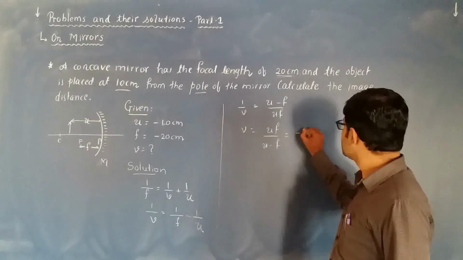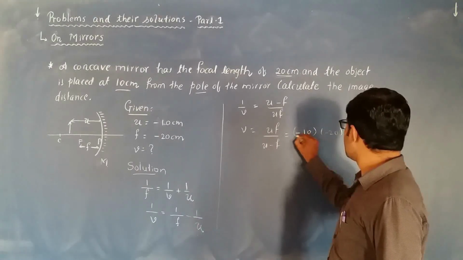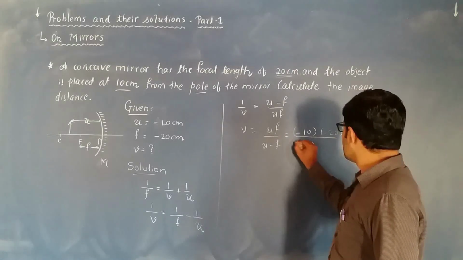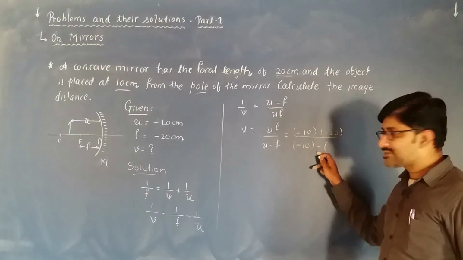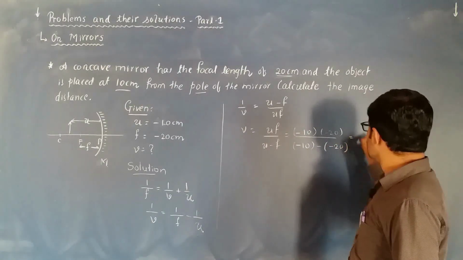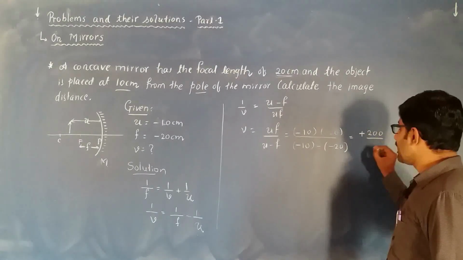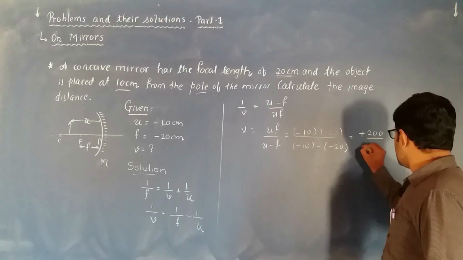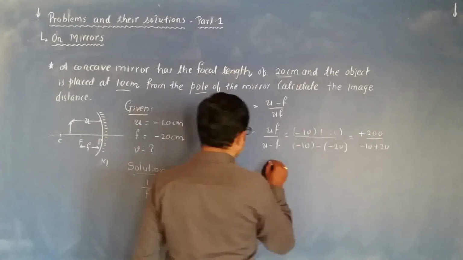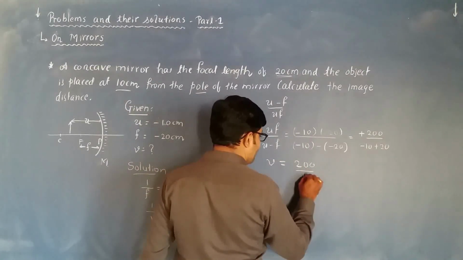which is equal to, U is minus 10 centimeter and F is minus 20 centimeter, divided by U is again minus 10 minus of that is minus 20, which gives you plus 200 divided by minus 10 plus 20, which is equal to V. 200 divided by 10.